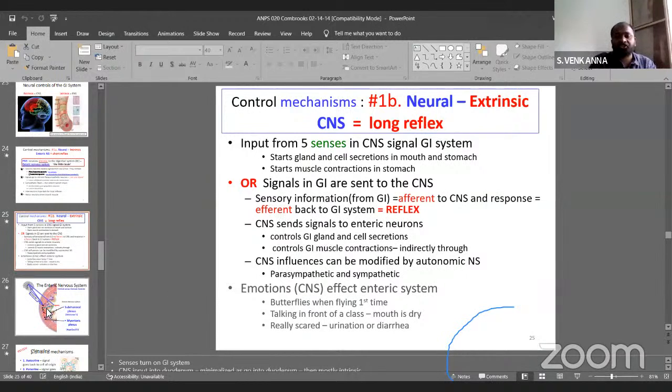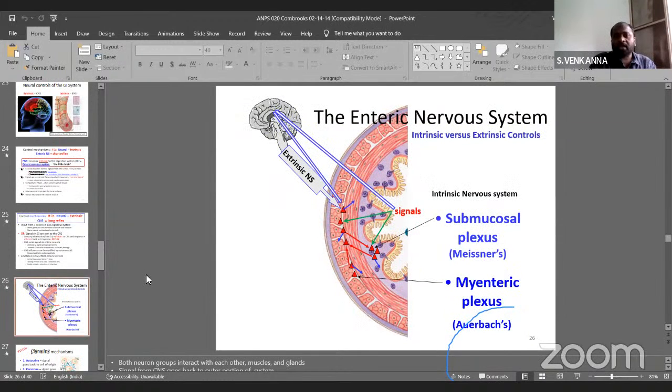So this is the long and short nervous system, from the brain to the small intestine or large intestine. This is the communication signal pathway.